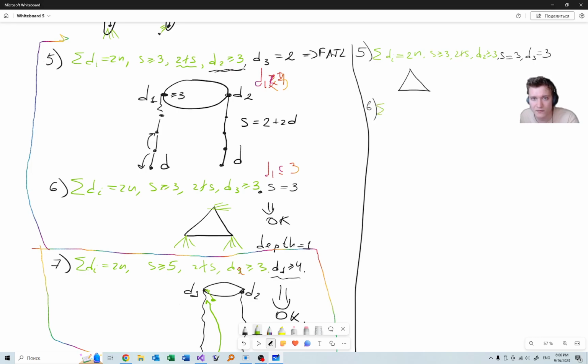It says that sum of degrees is 2n, S is at least 3, 2 does not divide S, D2 is at least 3, and either... I will write it down below, either S is at least 5 or D3... sorry, here I need that D3 is at least 3, or D3 is equal to 2.